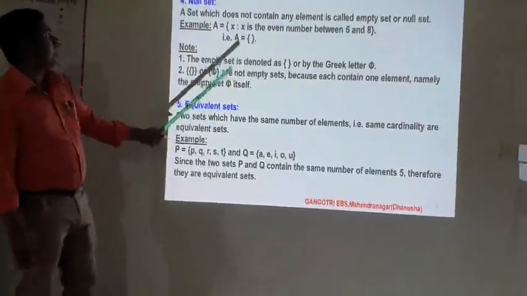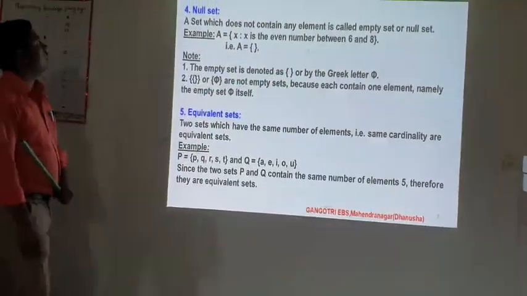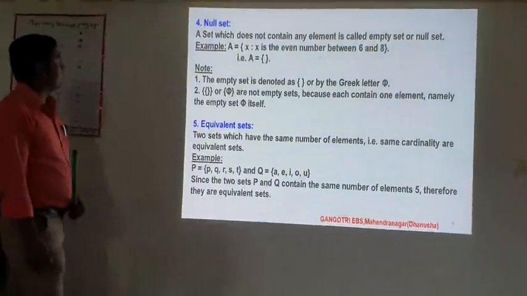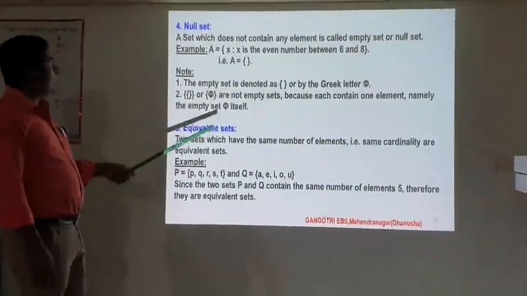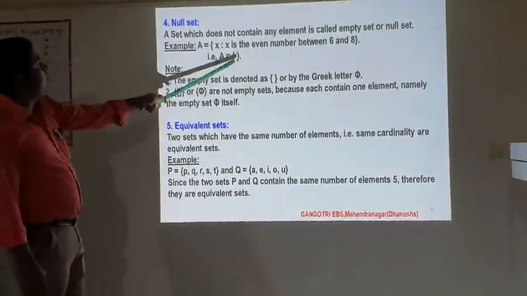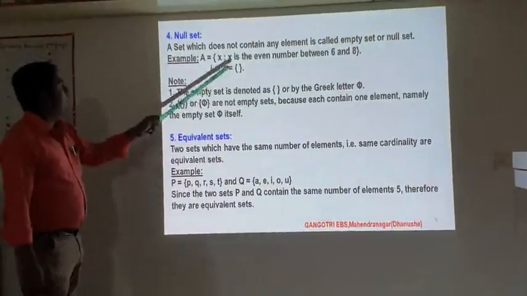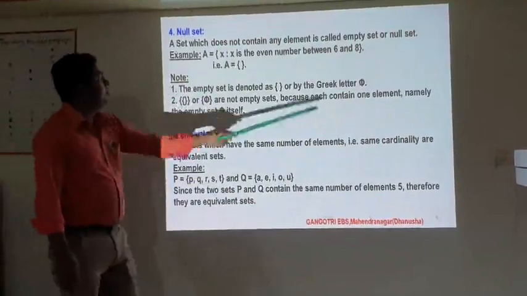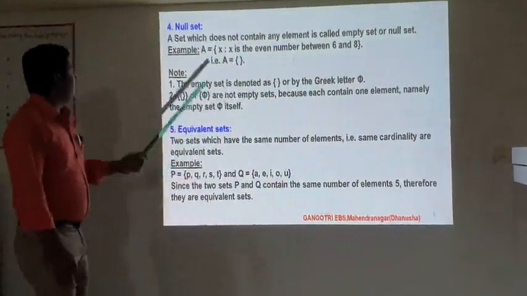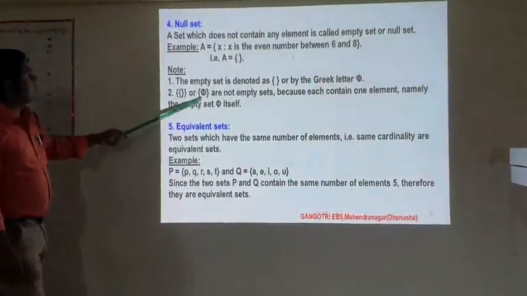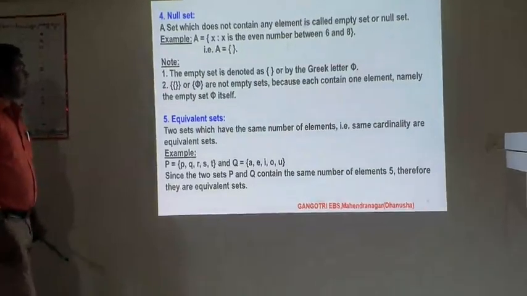If there is only phi, then it is an empty set or null set. If there are only curly brackets with no element, as in A here, then it is also an empty set. But this one is not an empty set.